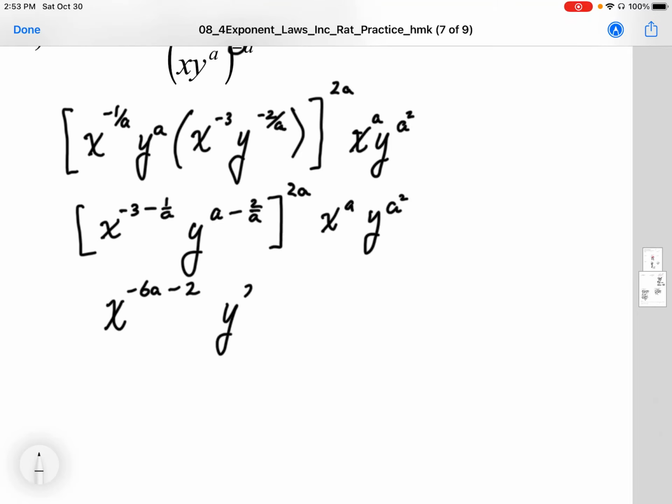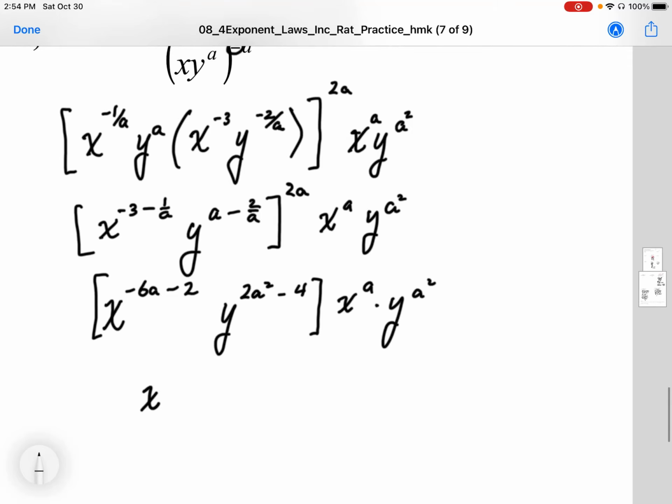On the y, a to the power 2a, well, that's going to multiply, so I end up with 2a squared, minus power to power, we multiply. The a's cancel out, and we end up with -4. And then we can combine the x's and the y's.